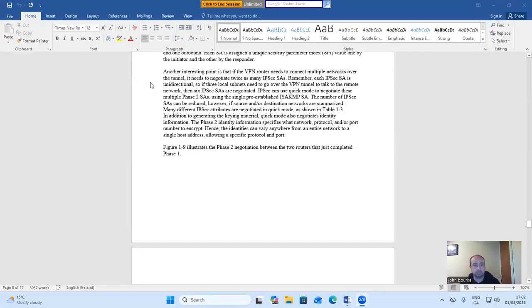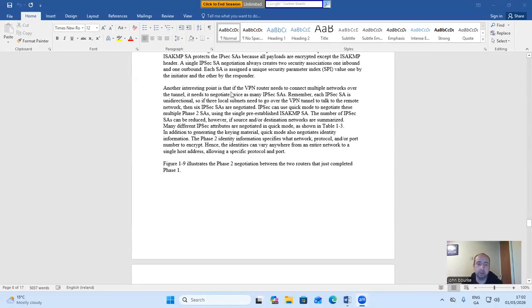Another interesting point is that if the VPN router needs to connect multiple networks over the tunnel, it needs to negotiate twice as many IPsec SAs.